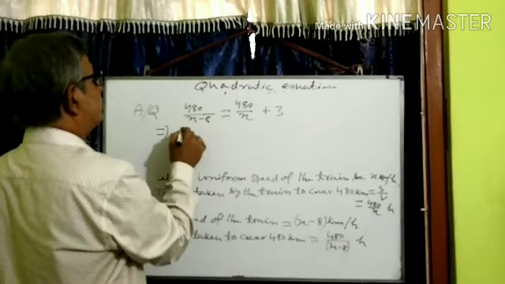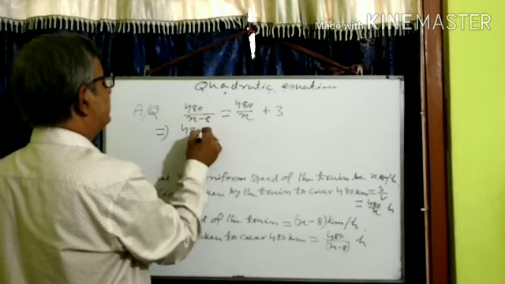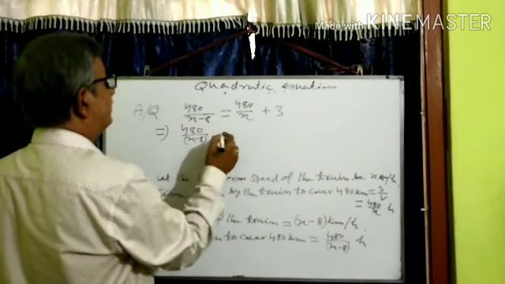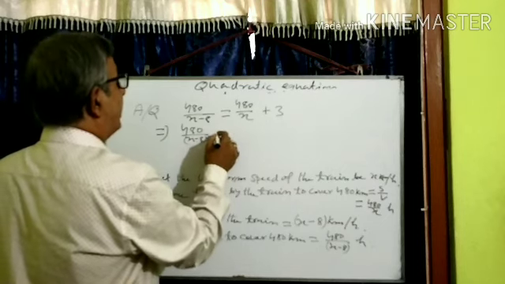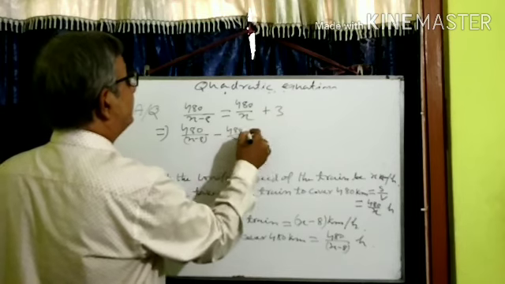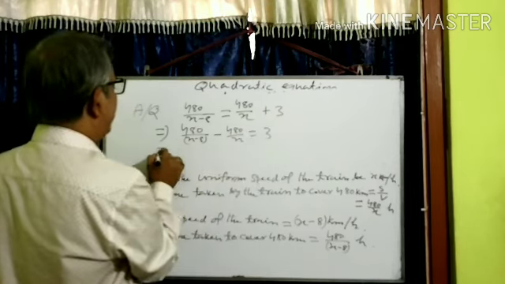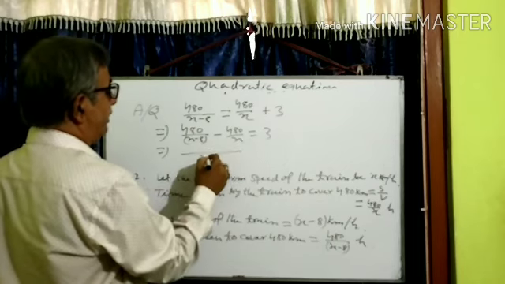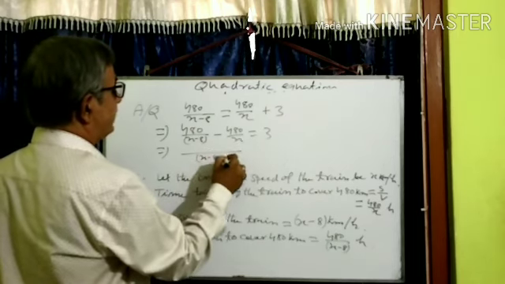Here you see 480 by x minus 8 minus 480 by x is equal to 3. Now the LCM of x minus 8 and x will be x minus 8 into x.